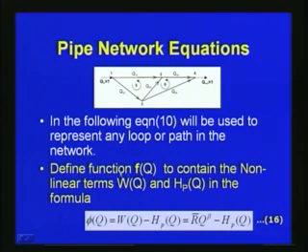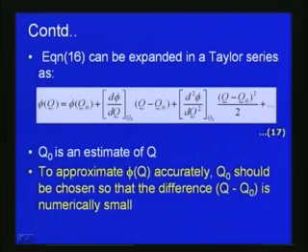If you define a function phi q to contain the nonlinear terms W(Q) and HP(Q), then we can write phi q is equal to W(Q) minus HP(Q) is equal to R bar q to the power beta minus HP(Q), as in equation number 16. Now this equation 16 can be expanded in a Taylor series.